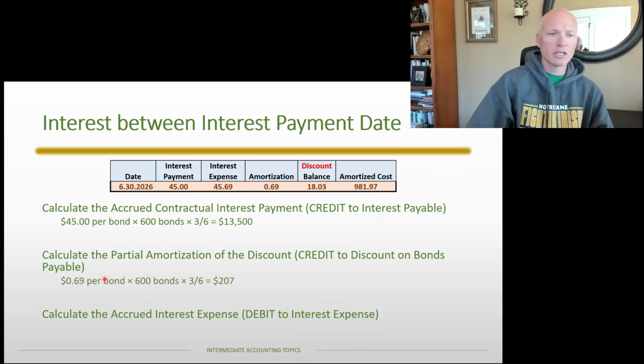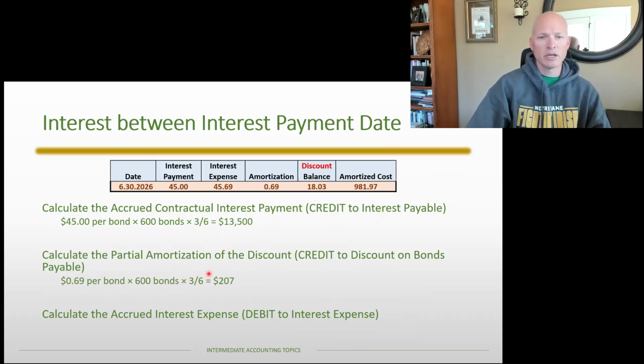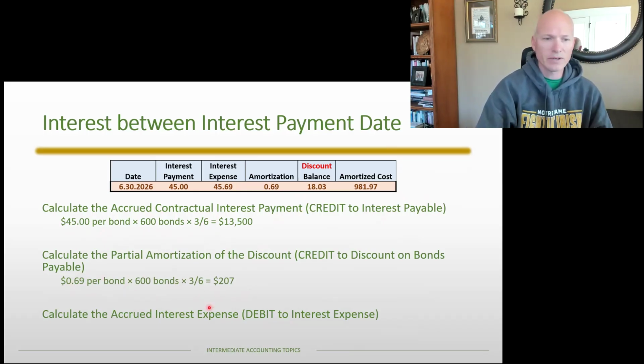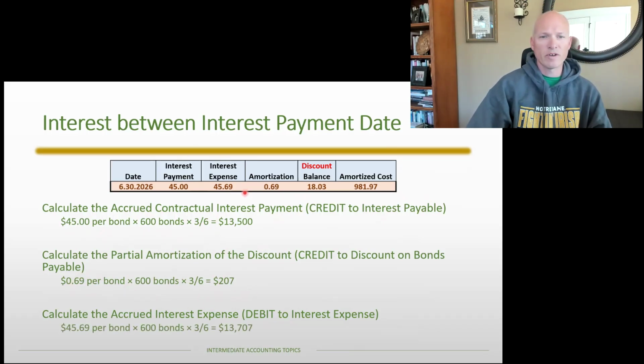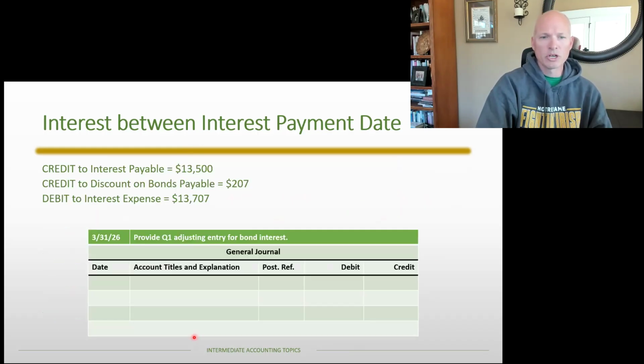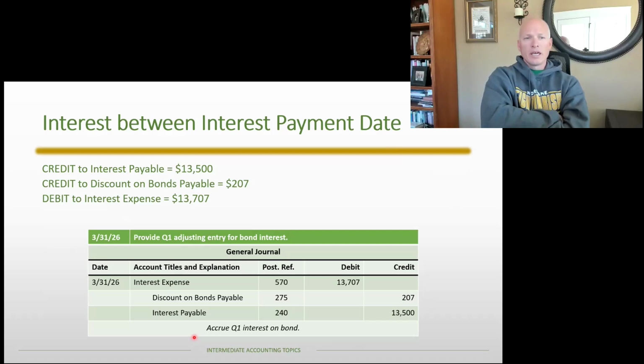Partial amortization, again, 69 cents per bond times 600 bonds times 1/2 is $207. And the interest expense is $45.69 per bond times 600 bonds times 1/2, which is $13,707. So bringing that information into a journal entry hopefully isn't too bad. Again, we're going to debit the interest expense and we're going to credit the discount and credit the interest payable. So again, this is accruing the Q1 interest on the bond.